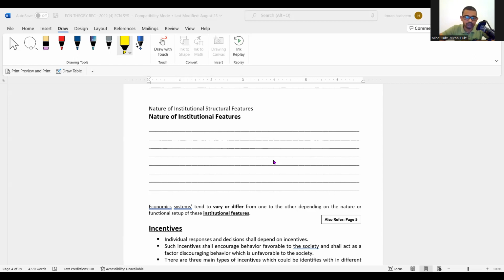Now, basically, there are 5 institutional features. 3 of them are mainly used to classify economic systems. Out of those, the most important institutional feature is the mechanism of resource allocation. Now, let's do a quick exercise.